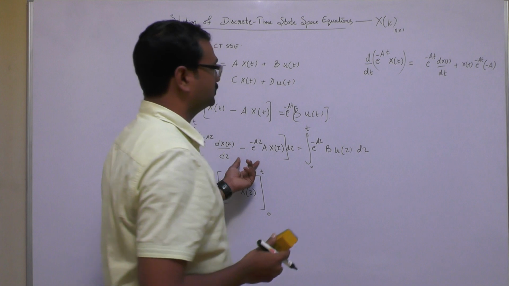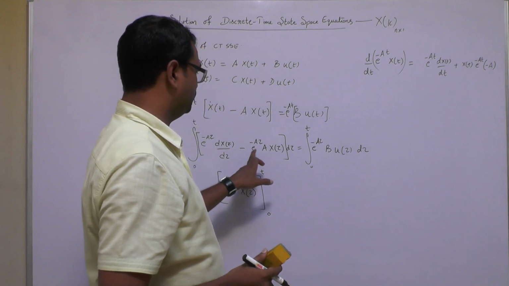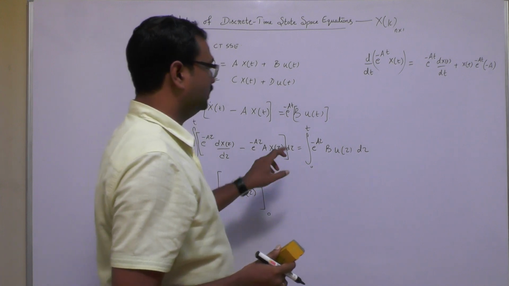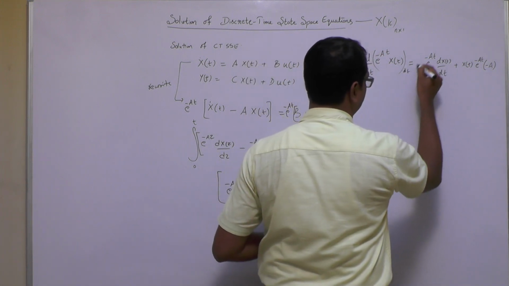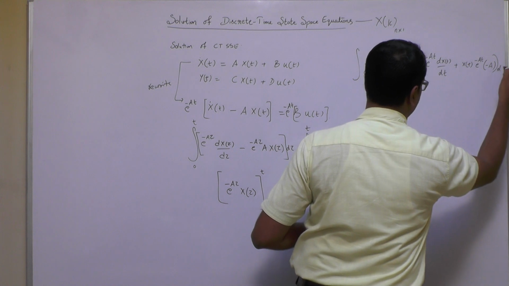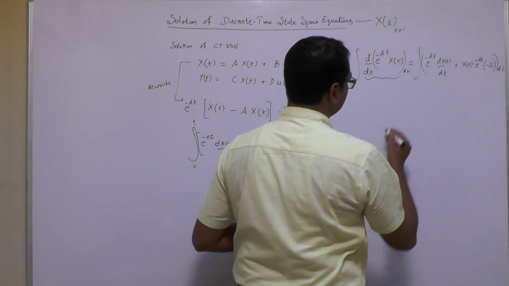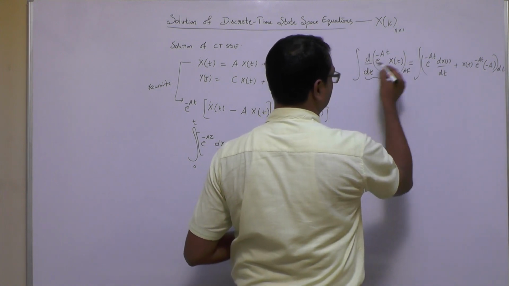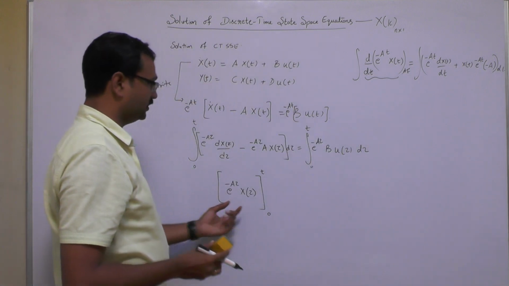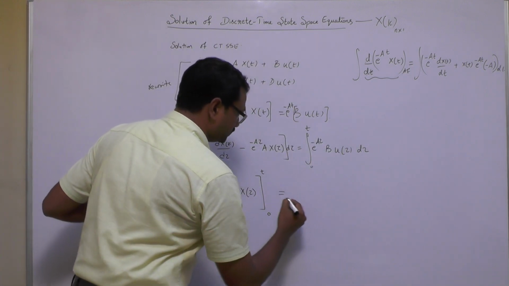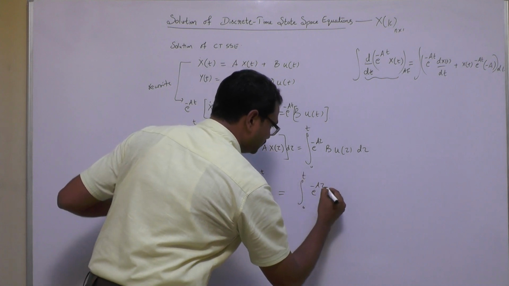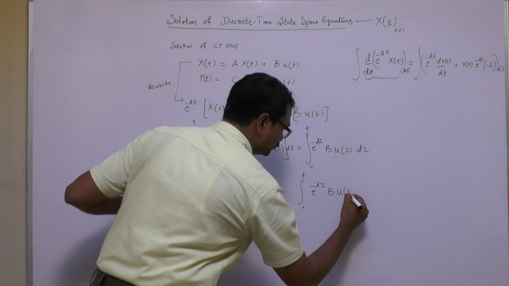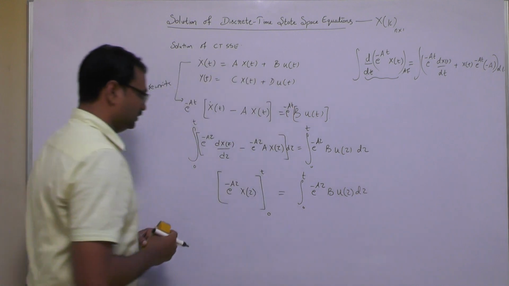So you are getting the term minus a e power minus at x of t. If you integrate it with respect to t, you get this term. So the dt and d cancel, and that is what I have written here, which is nothing but the integral from 0 to t of e power minus a tau b u of tau d tau.